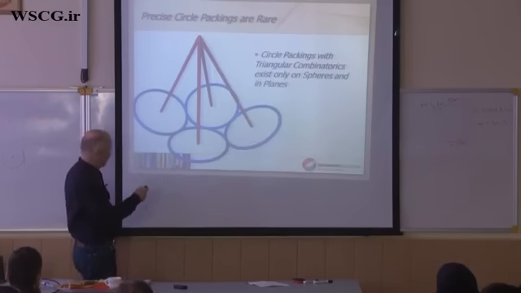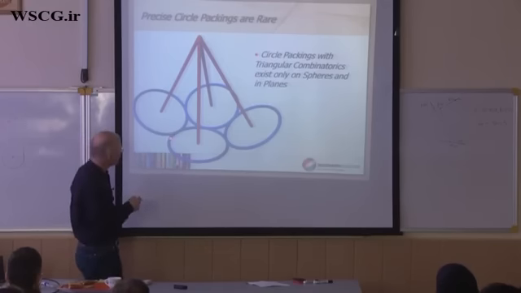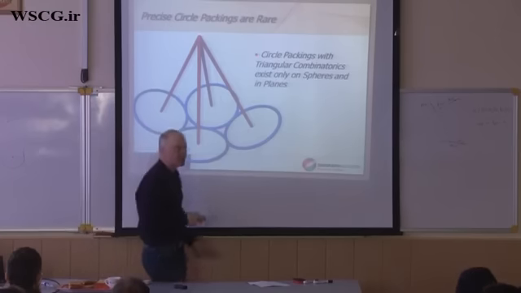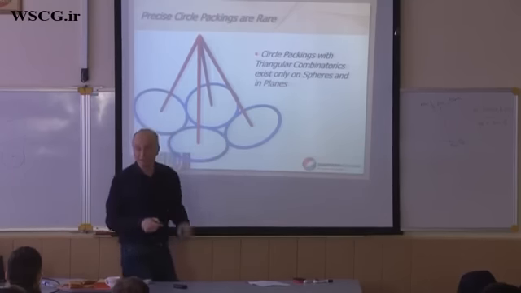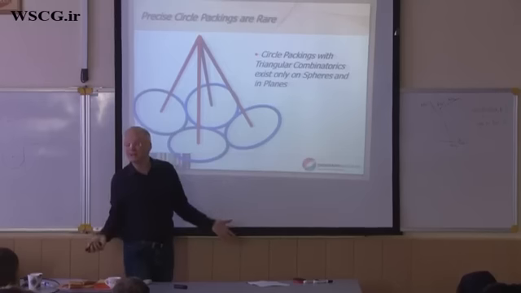A point on this circle, all points on this circle would have the same distance to this point because the point lies on the rotational axis. All points of this circle would have the same distance to this point because of this contact point. So in fact, all these blue points here on these circles would have equal distance to this point. This would be everything lies on a sphere.